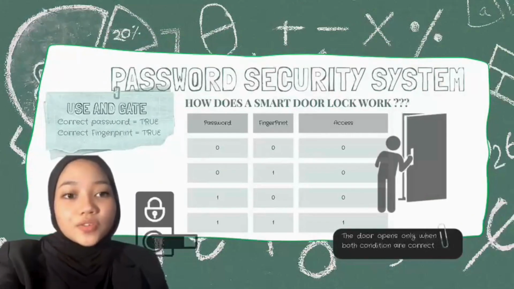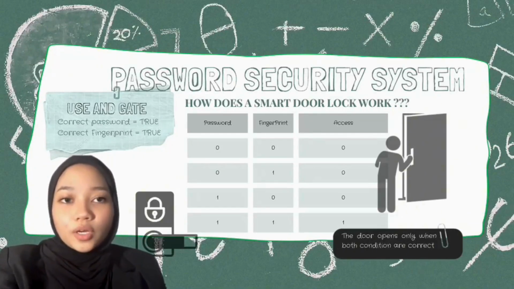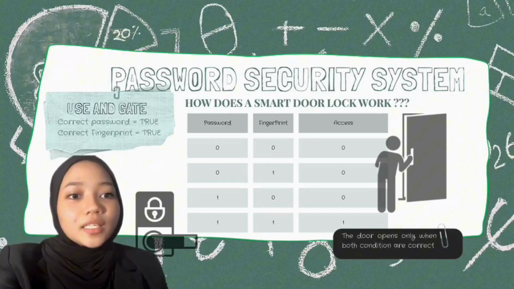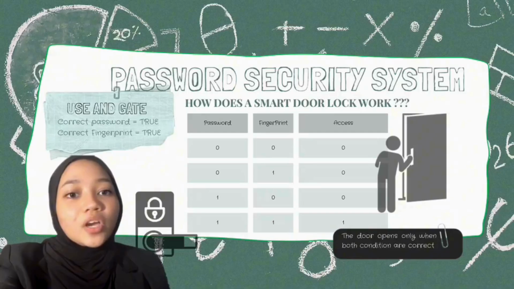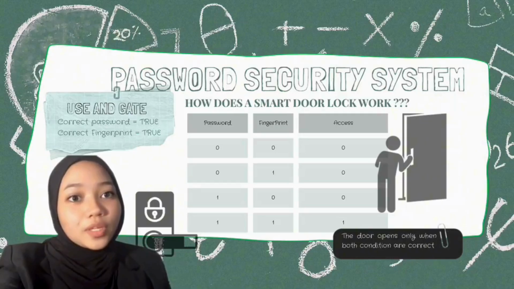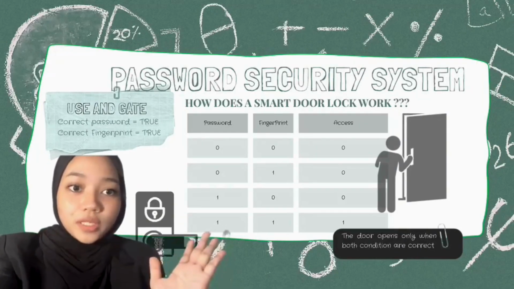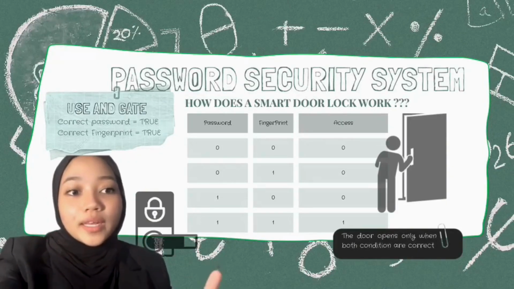Our first example, on page 10 of the flip book, is a smart door lock which utilizes a NAND gate. For a high security door, you might need two factors to gain entry: a correct password, which we can call input A, and a correct fingerprint, which is input B. As you can see from our truth table, if you only enter the correct password but the fingerprint is wrong, this is a 1 and 0.